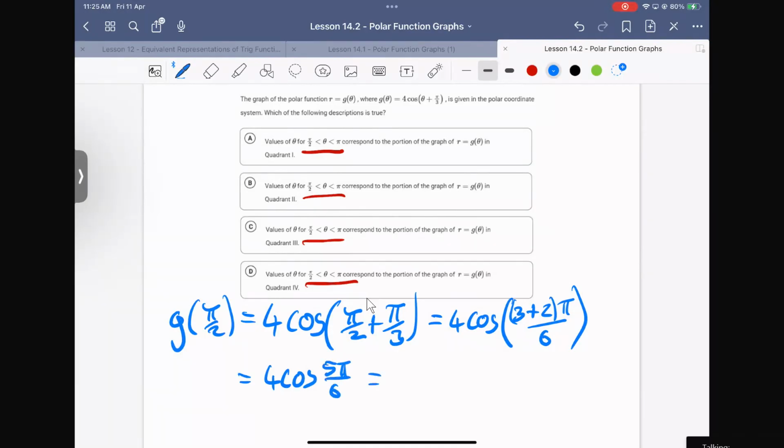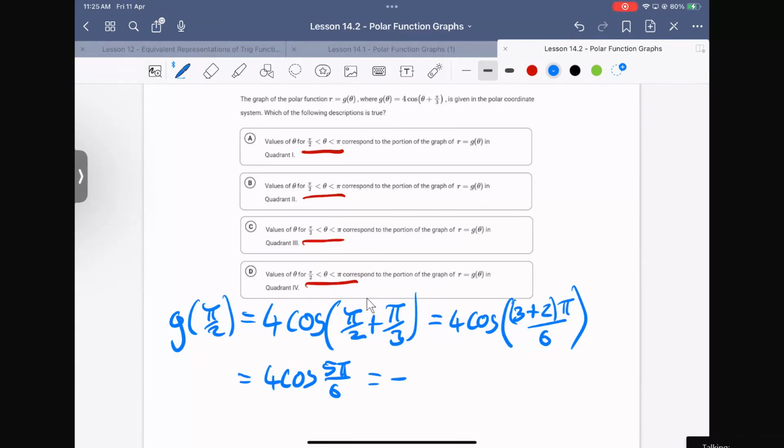Let me think my cosine values, that's going to be a half minus a half.